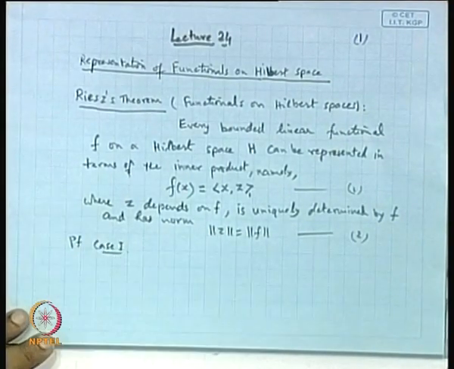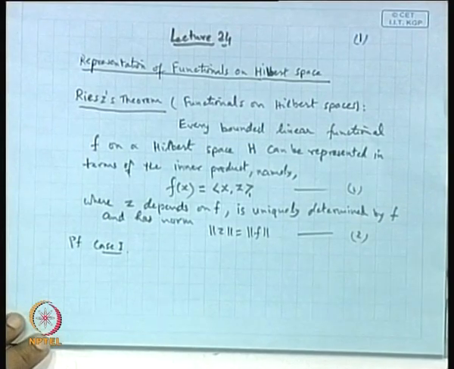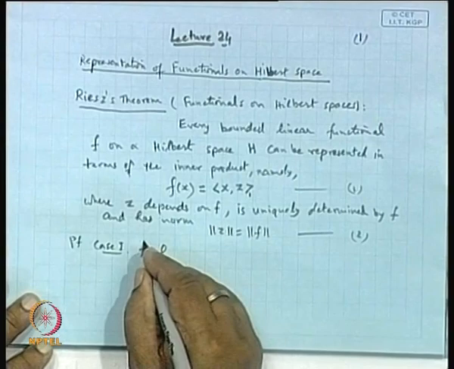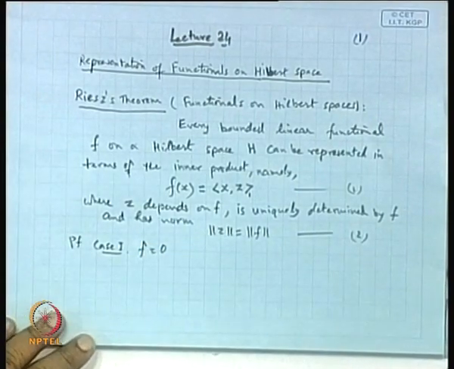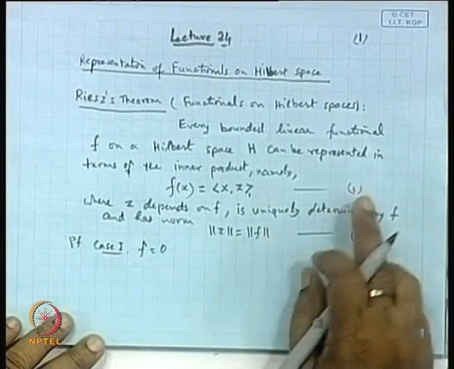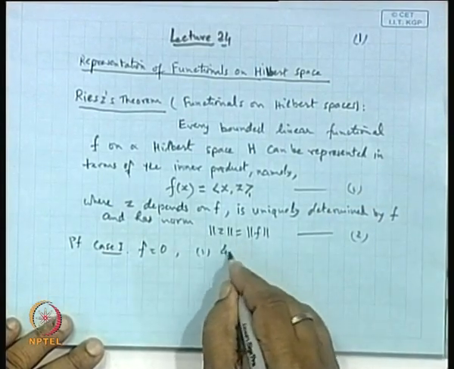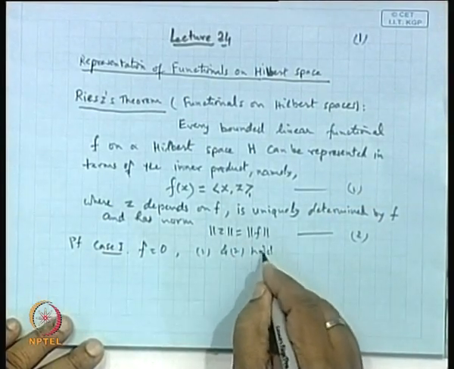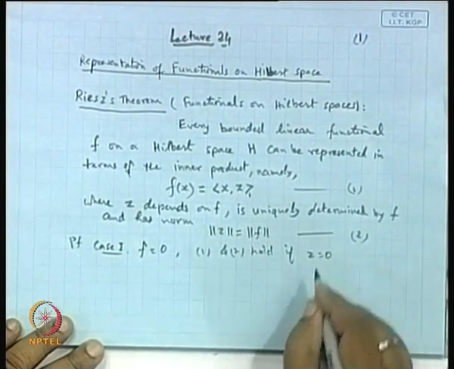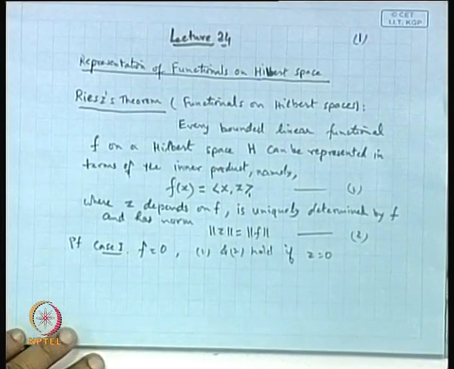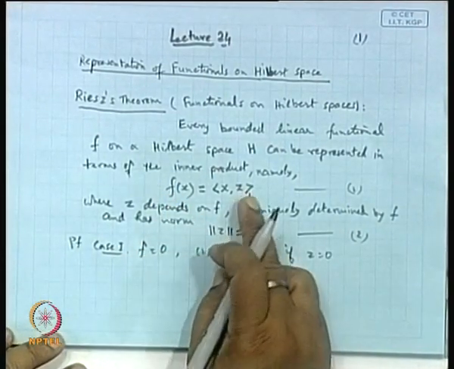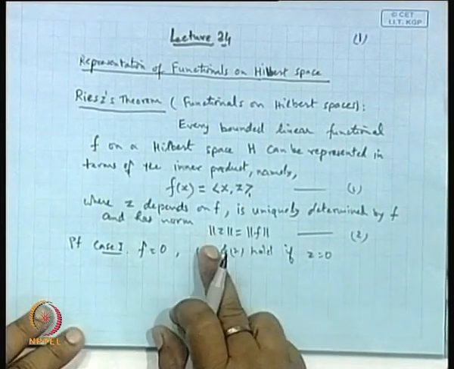Case 1. If our bounded linear functional f is a null functional, then obviously 1 and 2 hold if z is 0, because if f is 0, then f(x) is 0, and with z equal to 0 the inner product <x, 0> is 0.